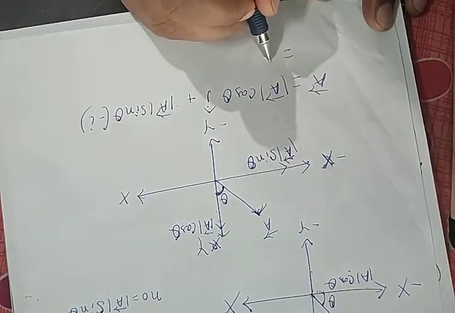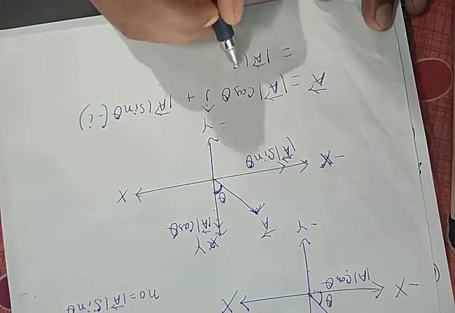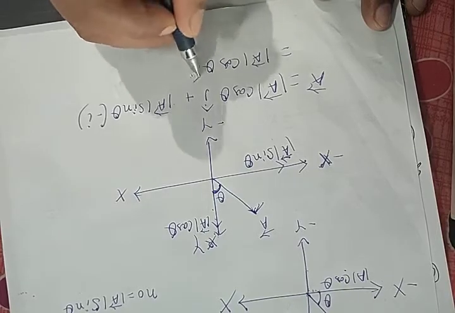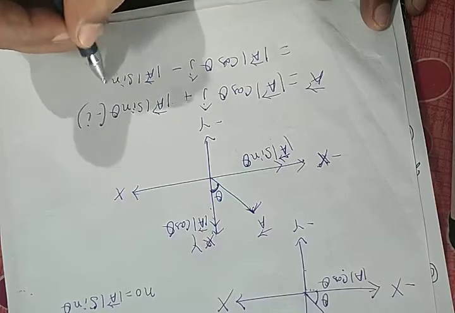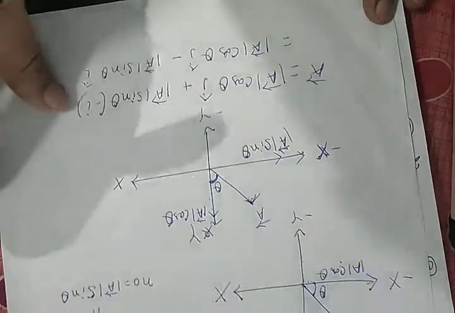So finally you can write that vector A is equal to mod A cos theta into j hat minus mod A sin theta into i hat.